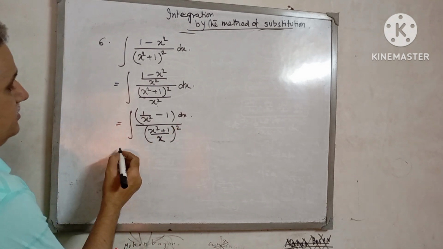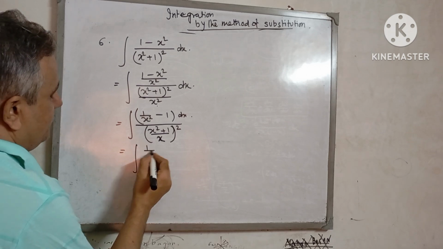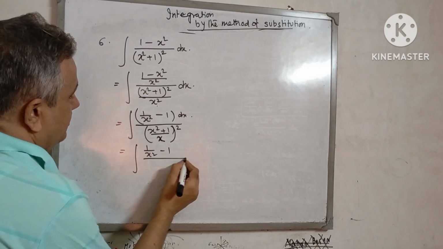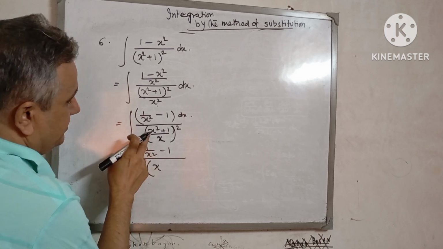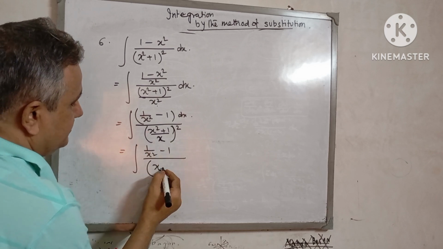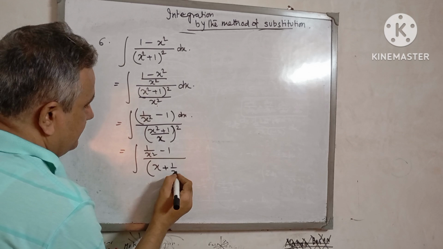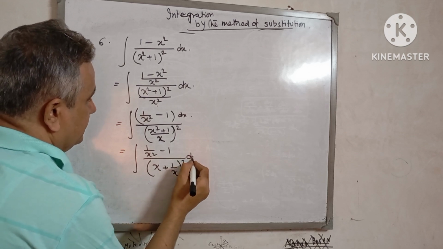Now it becomes 1 by x square minus 1. Again separate this: x square by x is only x, and 1 by x whole square dx.